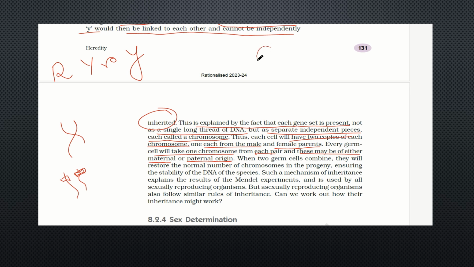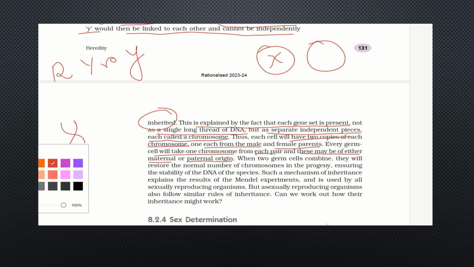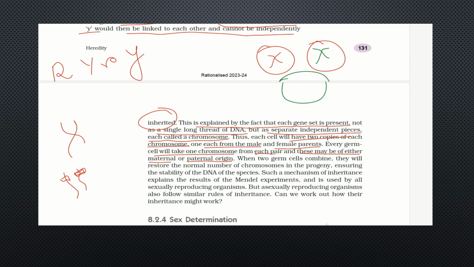So when we form the germ cell, it will have one chromosome from the mother and one from the father, and these characters will be on one segment of this. So they are linked.